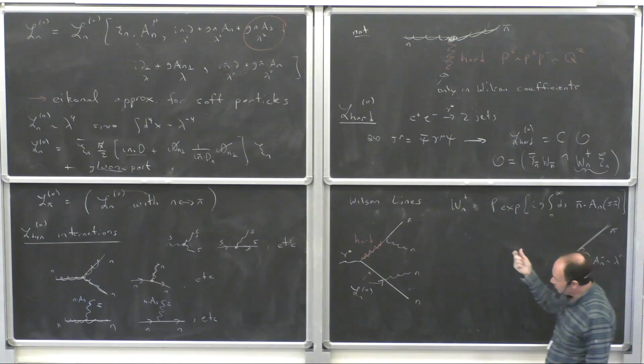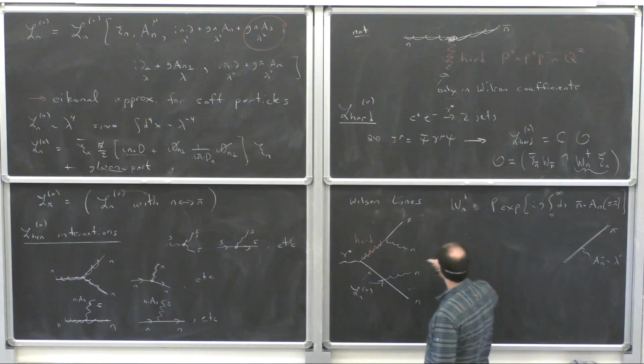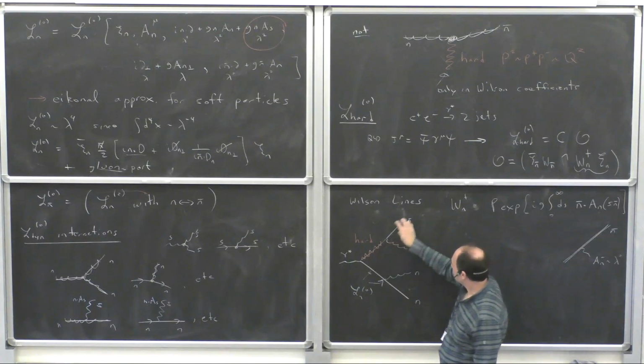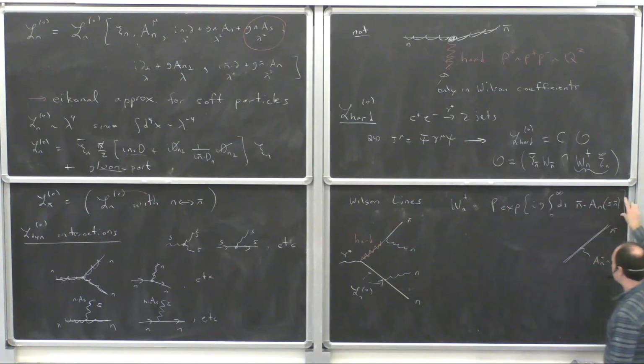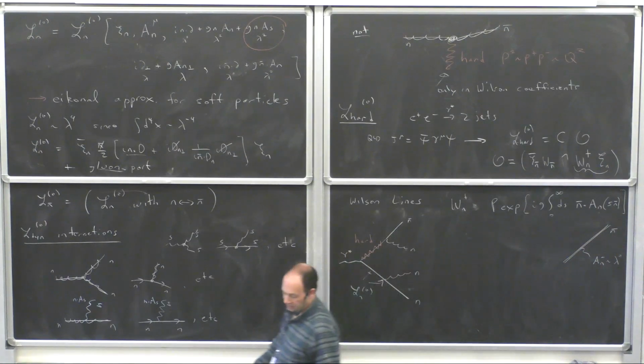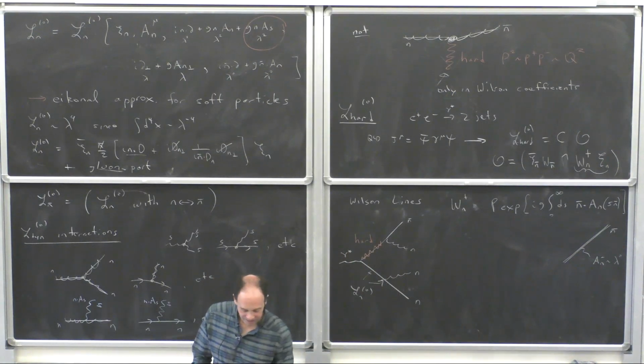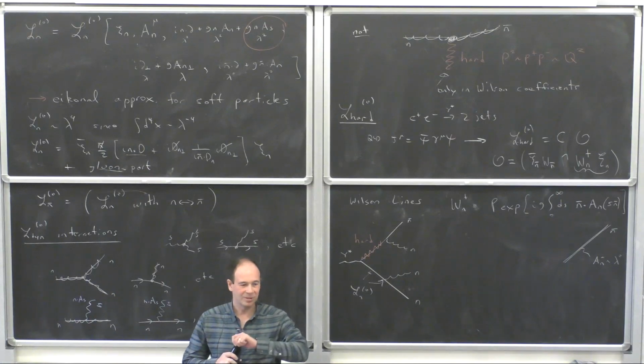So there are some expansions happening, and the approximation of how this particle sees the other jet is all encoded in this Wilson line. The Wilson line does transform under an n-collinear gauge transformation, but the product doesn't. So that's physically why there are these Wilson lines. I will pause because maybe there's a question.